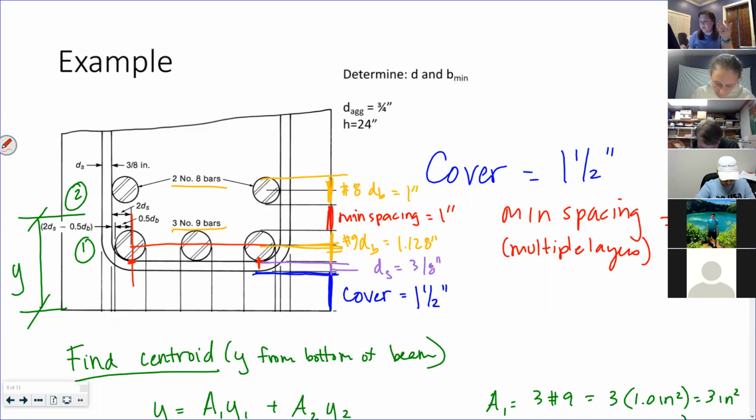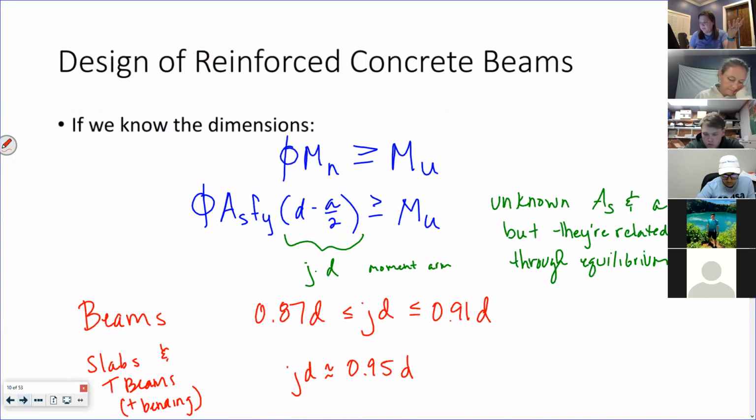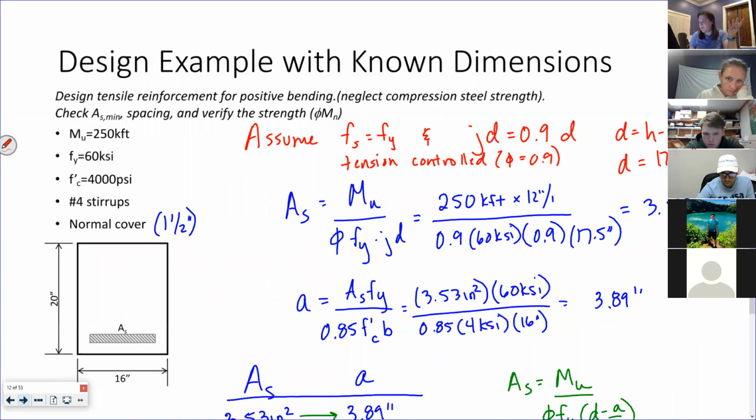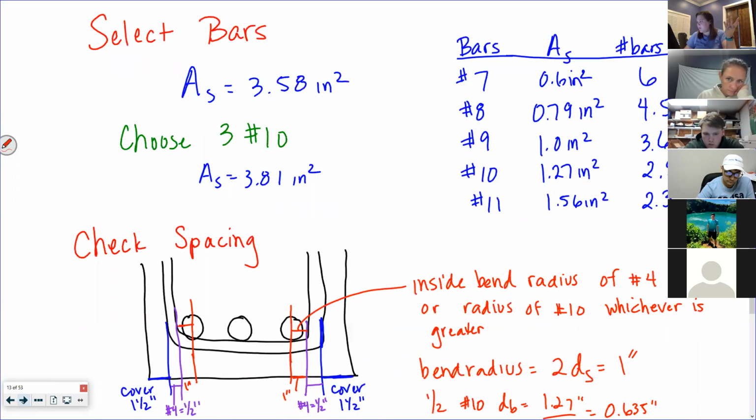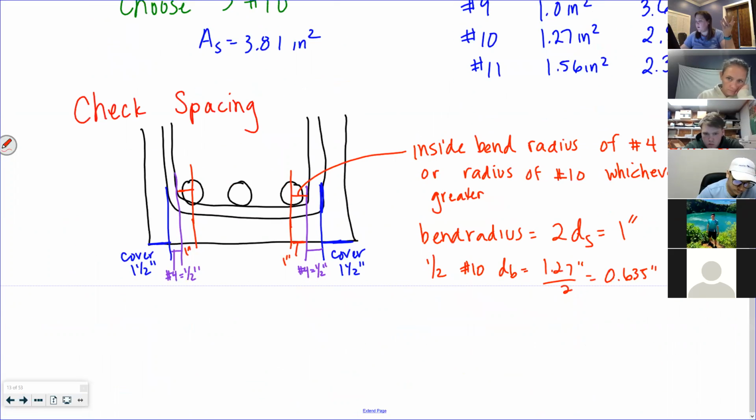Because if it was like that, then it might be up there to try to get the half of a number 10. So a little bit of visualization, but just generally it's half of a bend diameter to get to the centroid of the corner longitudinal bars.